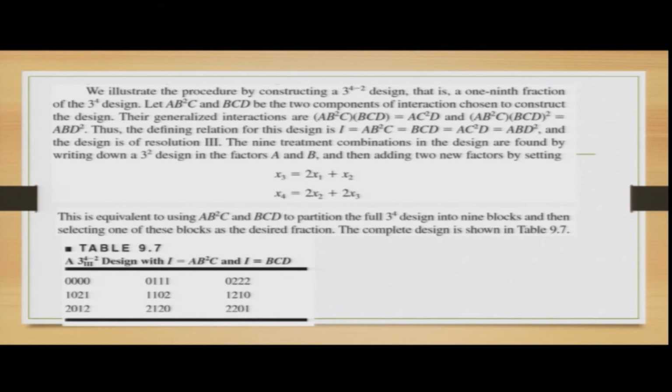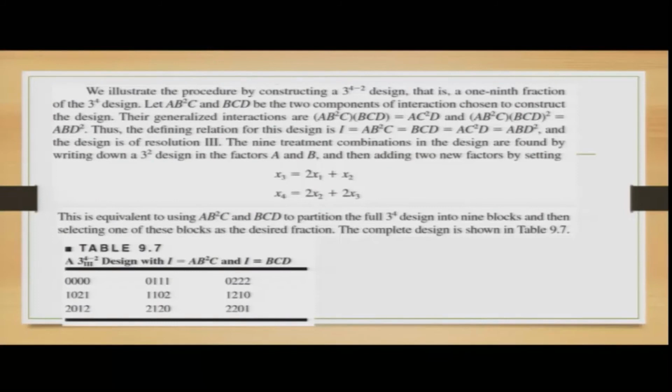Based on that you can find out the best combinations. Thus, the defining relationship of the design, reading the last one only, will be ABD², which is alpha 1 is 1, alpha 2 is 1, alpha 3 is 0, alpha 4 is 2.